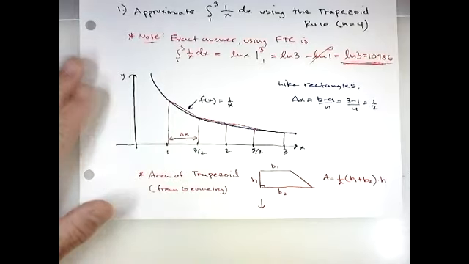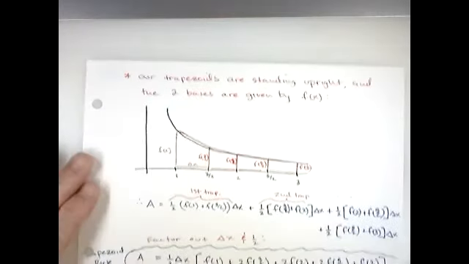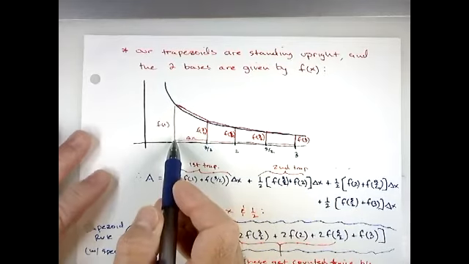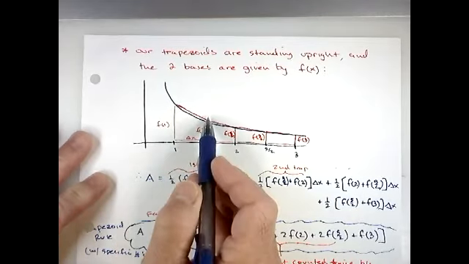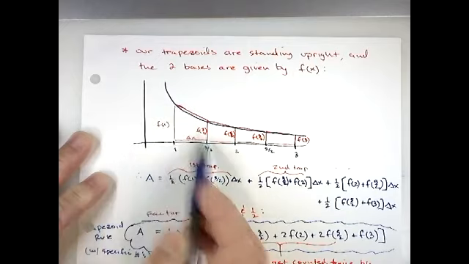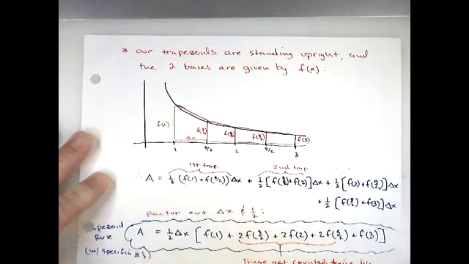Applying that here, of course, our trapezoids are standing up vertically. So the height of our trapezoid is the equivalent to delta x. And the b1 and b2, the bases, are just the value of my function at these numbers.